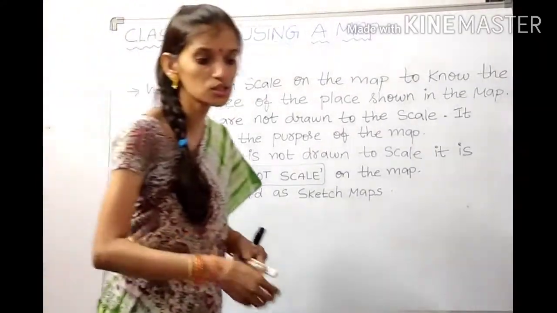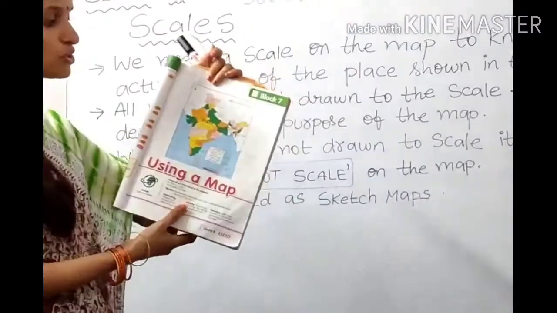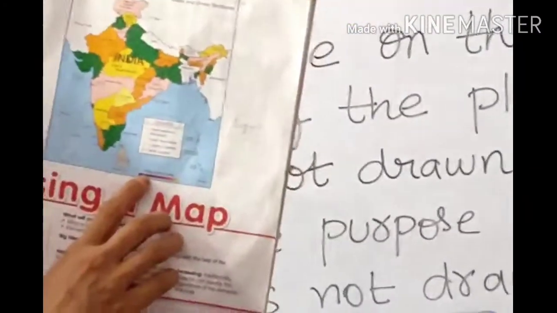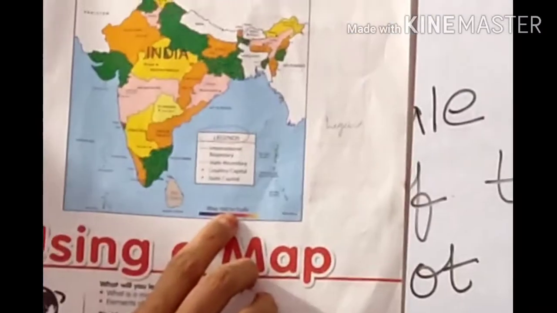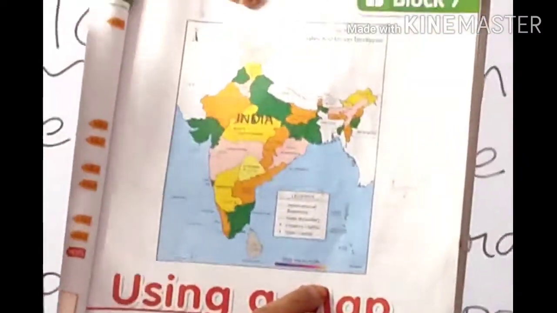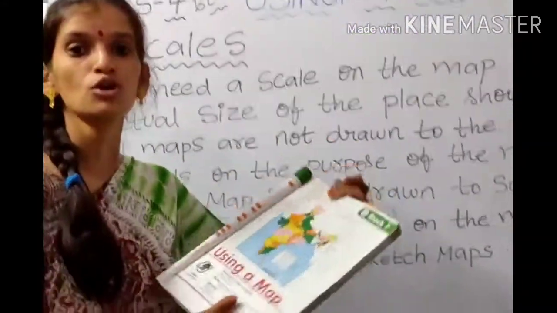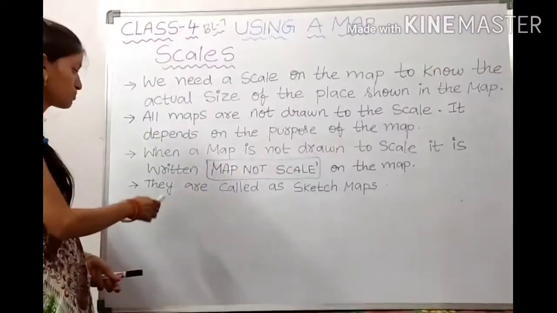I'll show you. It's in our textbook. Yesterday I showed that in our textbook it is given: India, states and union territories. Here down, if you see, it says map not to scale. That means this map is called a sketch map. Again we are recollecting that this map is not to scale, so it is called a sketch map.